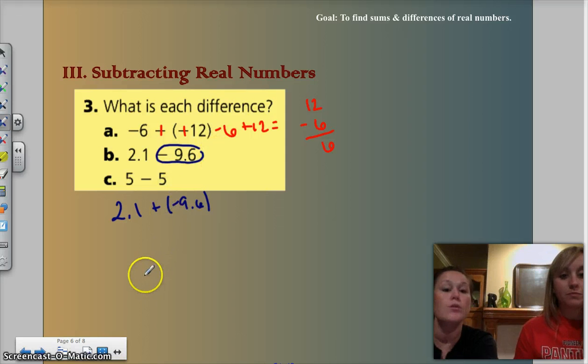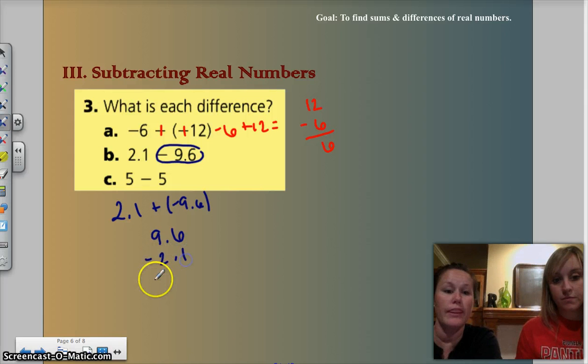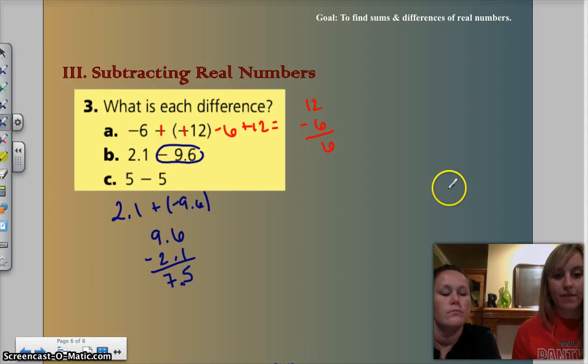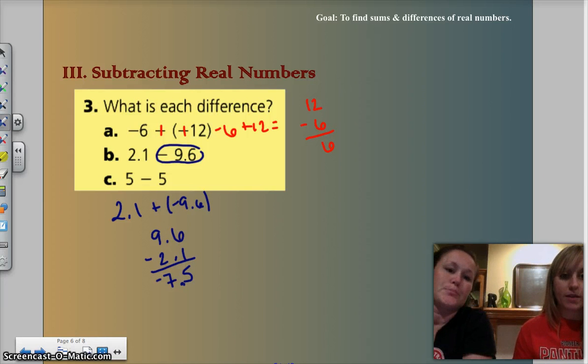All right, so different signs. We're going to subtract the two values. So 9.6 minus 2.1. Line up them decimal points. And then we're going to keep the sign of the larger number. So 7.5. Positive, negative? Well, I think it's going to be negative because the minus sign is in front of the 9.6. You got it.